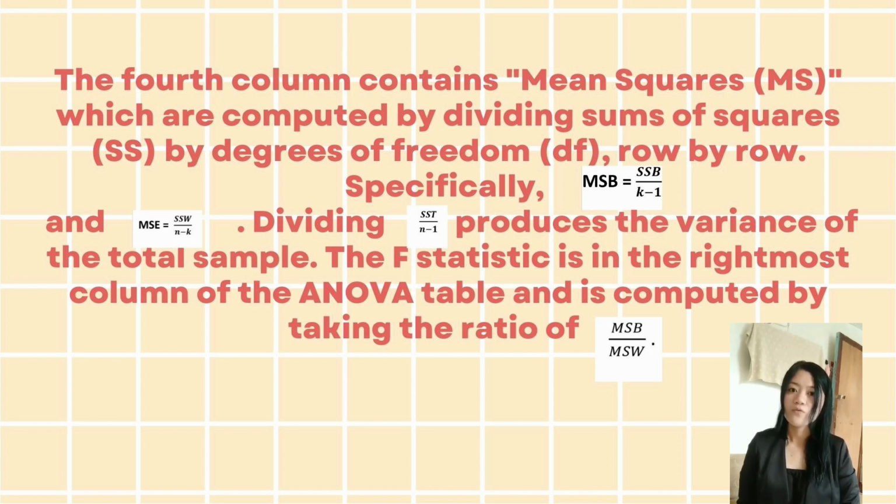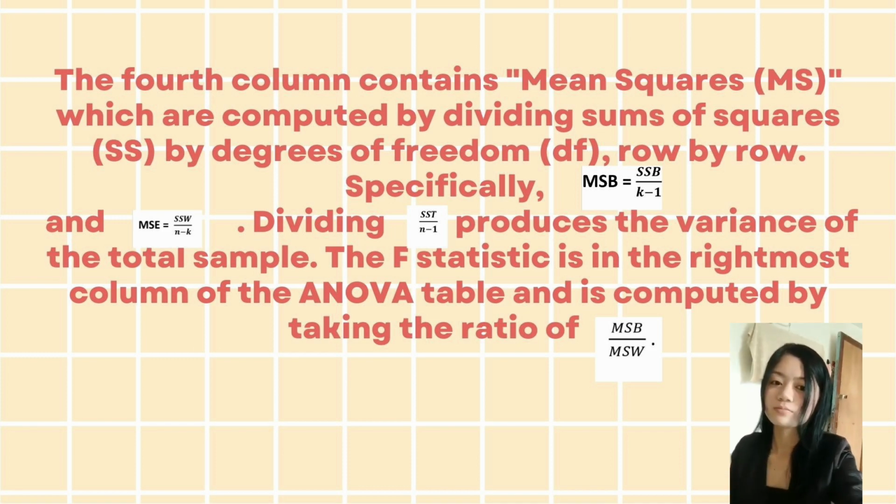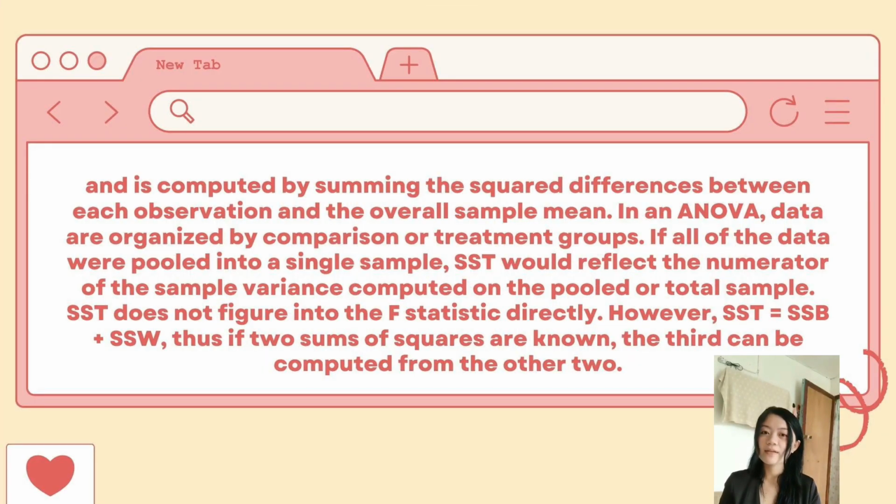Dividing SST over n minus 1 gives the variance of the total sample. The F statistic is in the rightmost column of the ANOVA table and is computed by taking the ratio of MSB over MSW. SST is computed by summing the squared differences between each observation and the overall sample mean.